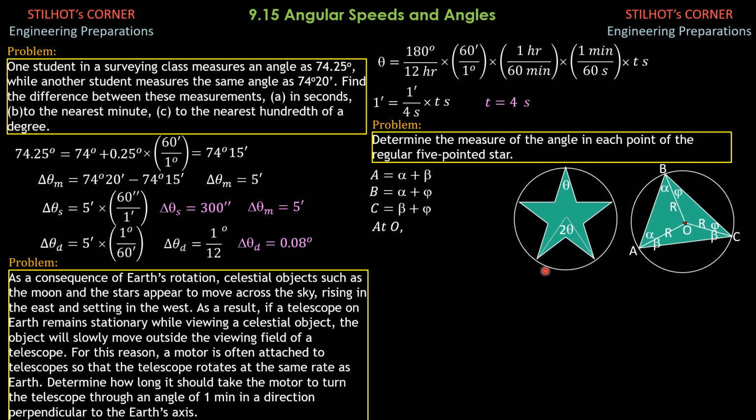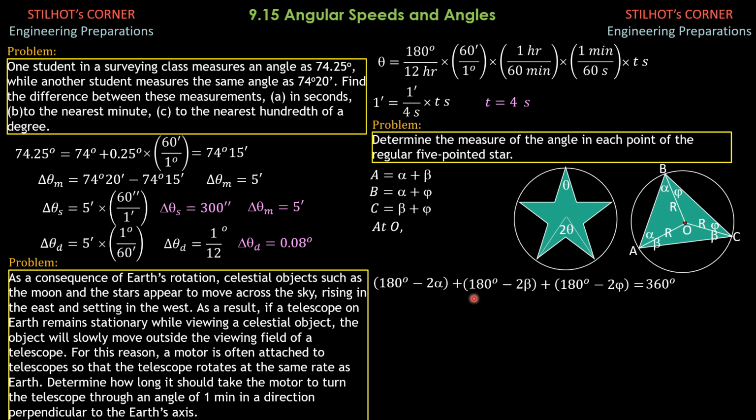Then at O, 180 degrees minus 2 alpha plus 180 degrees minus 2 beta, this is this, then plus 180 degrees minus 2p equals 1 revolution, so that's 360 degrees.